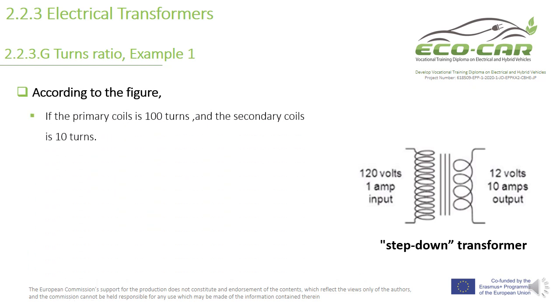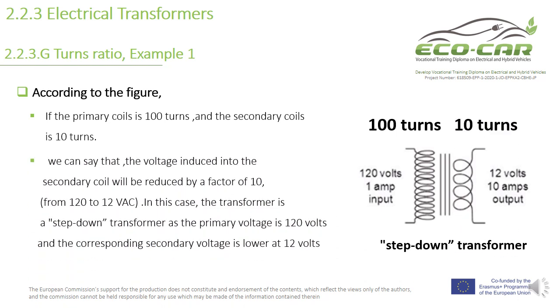If the secondary coil has 10 turns and the primary has 100 turns, what will happen? Here 100 turns, 10 turns.